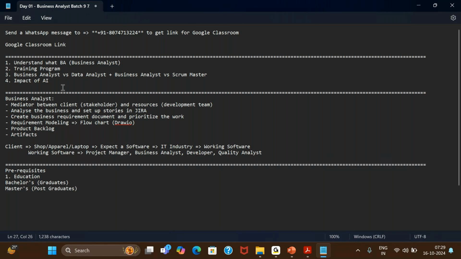Now, some of the criteria can vary from company to company as well. For example, some of the companies may not allow a BCom student, a Bachelor of Commerce student, to get into the IT industry directly unless you have some prior experience. But preferably, if you have BTech, Bachelor of Engineering, Bachelor of Technology courses, or if you have gone through MBAs as well.